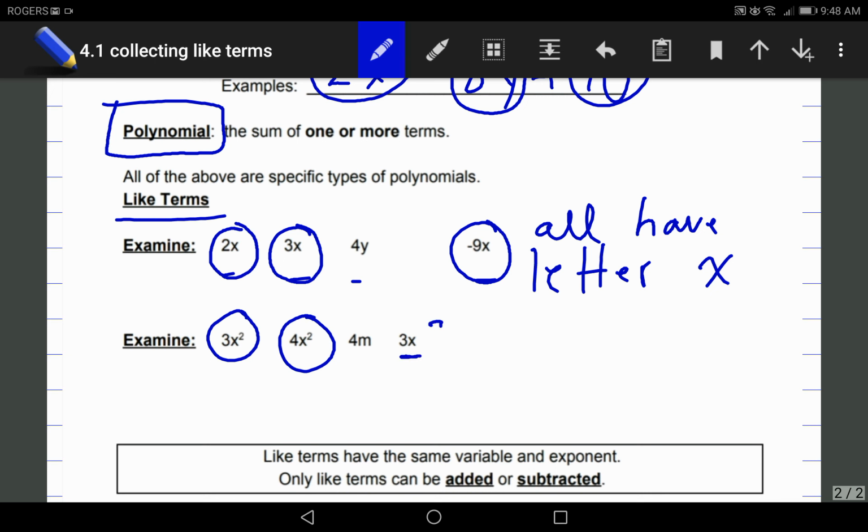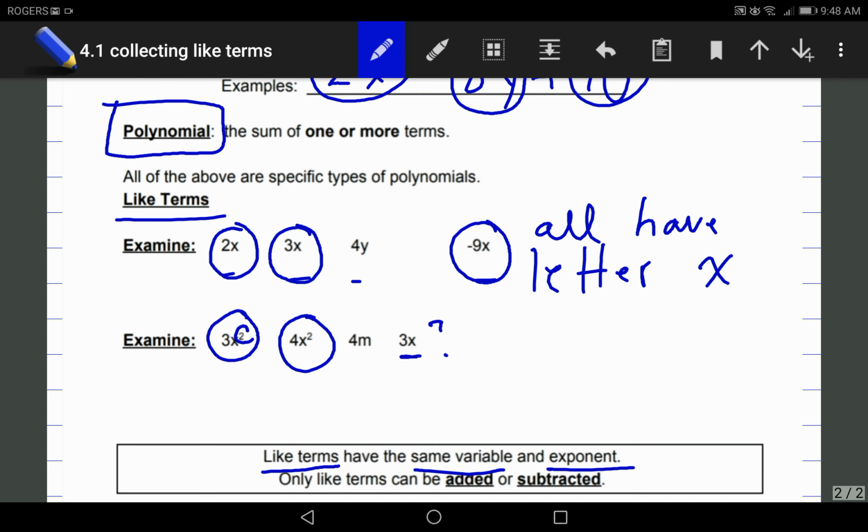How come that is not part of the like terms? It's because of one of the mathematical rules, just like when you're learning the English language, there are rules to sounds coming together, silent sounds and whatnot. One of the mathematical rules is that like terms have to have the same variable and exponent.